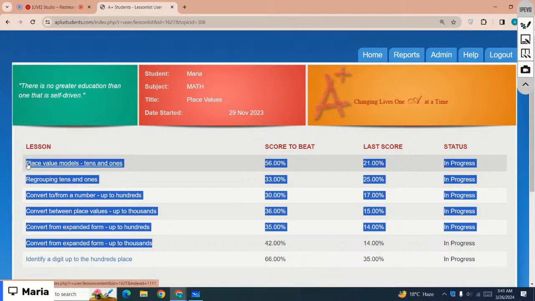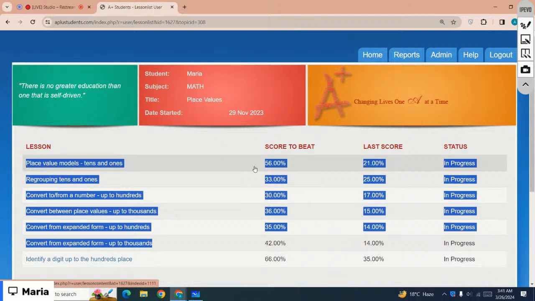The lessons we have covered from the chapter are place value models, tens and ones, regrouping tens and ones, convert to a number up to hundreds, convert between place values up to thousands, convert from expanded form up to hundreds, and convert from expanded form up to thousands, right?